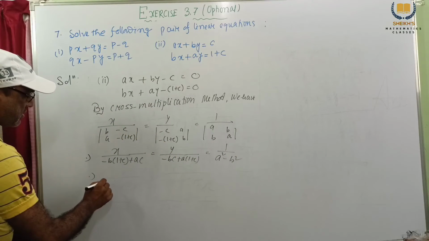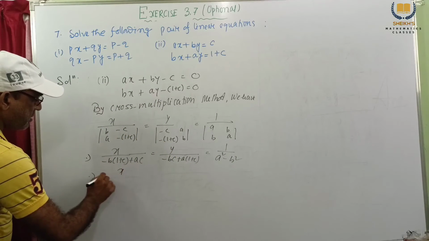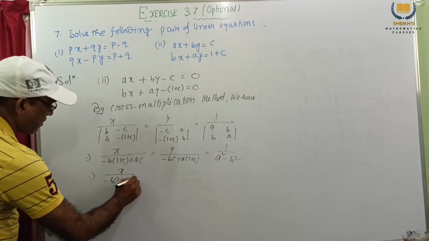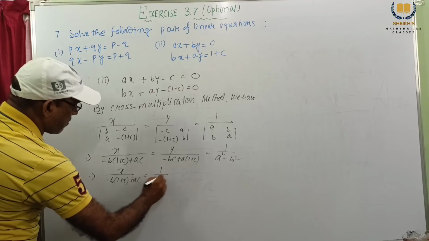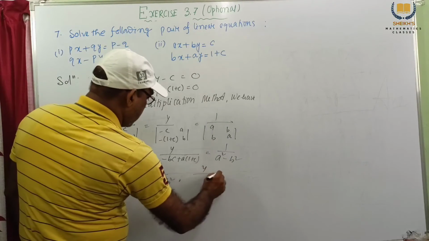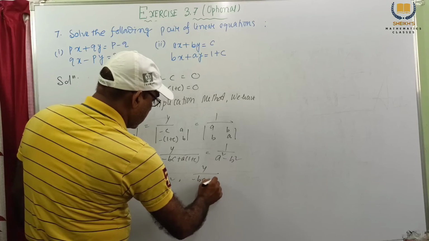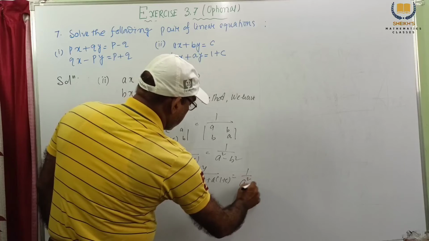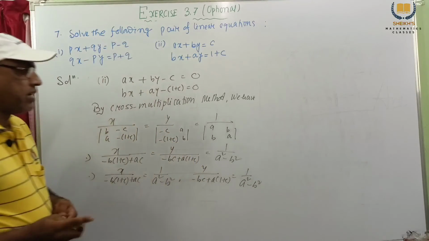So this implies x by minus b into 1 plus c plus ac equal to 1 by a square minus b square, and y by minus bc plus a into 1 plus c, 1 by a square minus b square. We get this one.